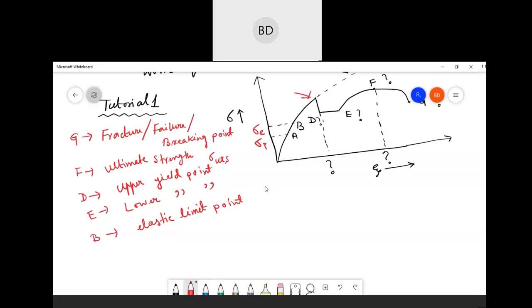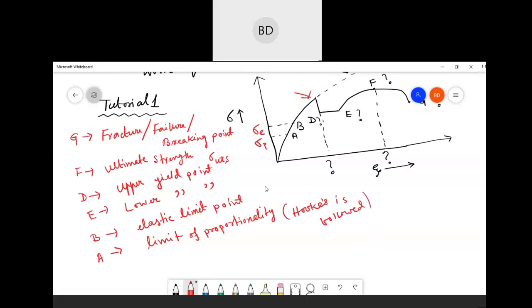Okay, so point B is done. Then point A is the limit of proportionality, that is, up to there Hooke's law is obeyed. That means up till there Hooke's law is followed. Fine.